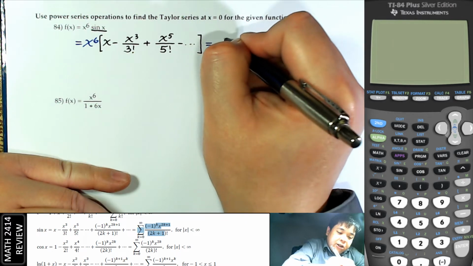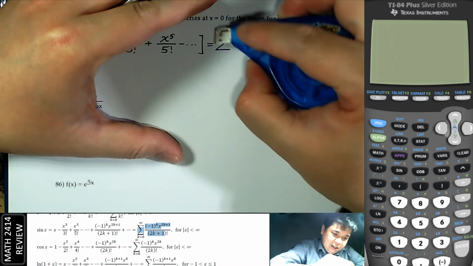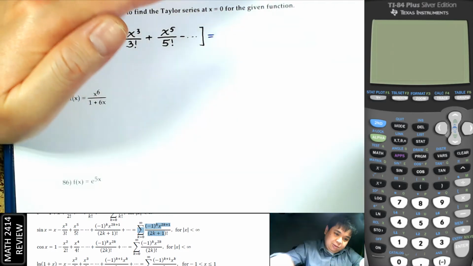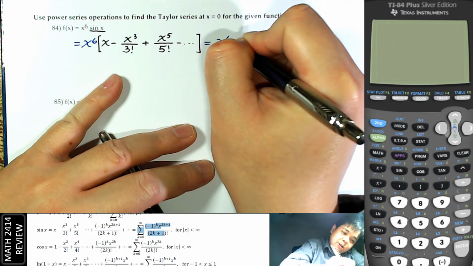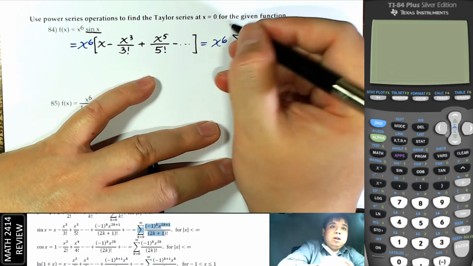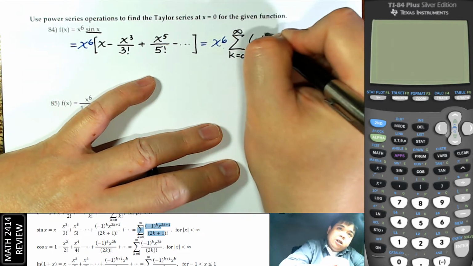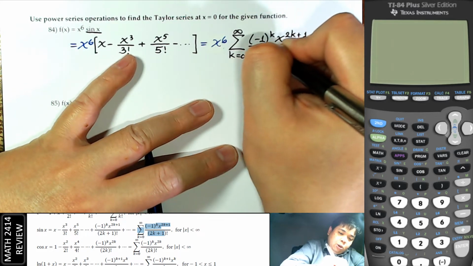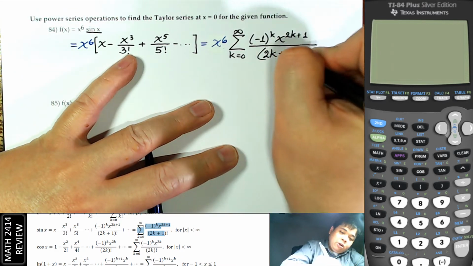Now, sorry, we still have x to the 6th and the sine x, I will use the summation k equal to 0 to infinity negative 1 to the k x to the 2k plus 1 all over 2k plus 1 factorial.